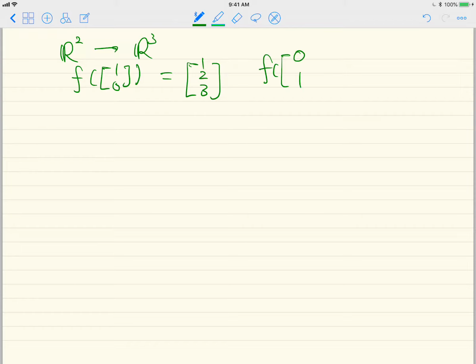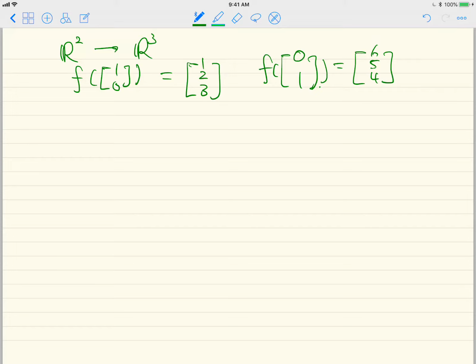Suppose I gave you these two hints or two clues, and I also specify this transformation as being a linear transformation.